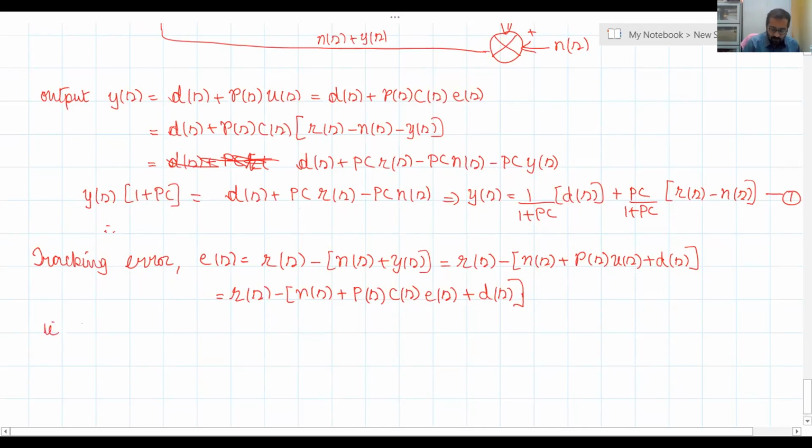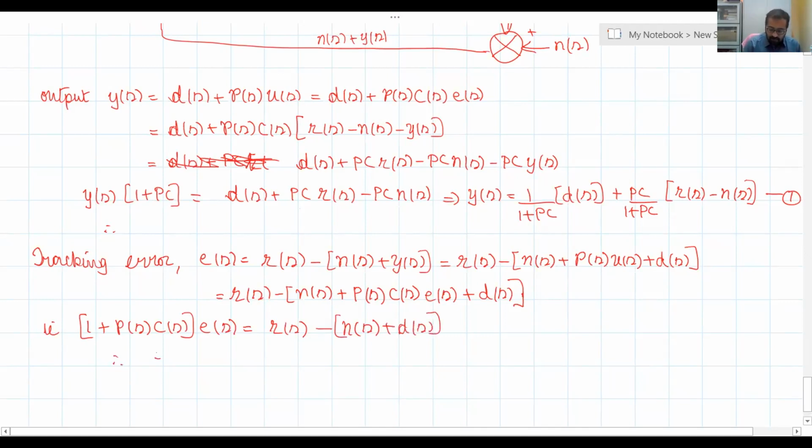That is 1 plus P of S, C of S into E of S must be equal to what? R of S minus N of S plus D of S. Agreed?